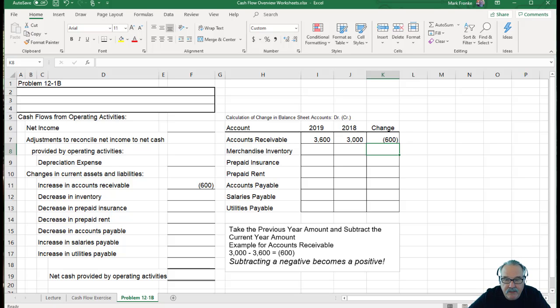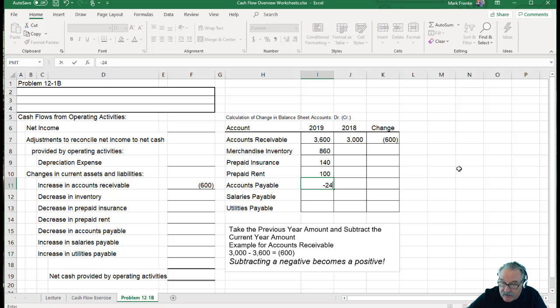So the first step is to take the previous year amount and subtract the current year. So we're going to plug in these numbers. And excuse me, we're going to have debits be positive and credits are negative.